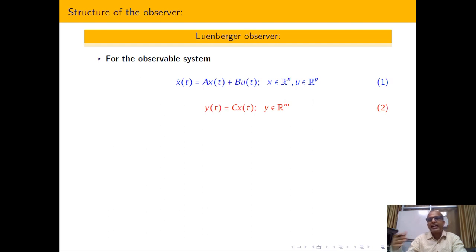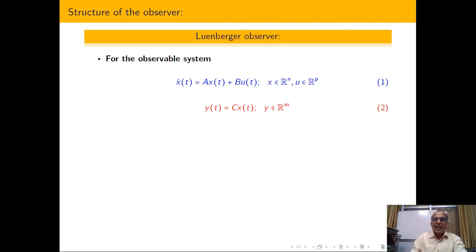Obviously this result extends to linear time varying systems as well as some classes of nonlinear systems, but in today's lecture I am going to focus just on linear time invariant systems. If you understand the result for linear time invariant systems, then in a straightforward way you can extend it to linear time varying systems, and for nonlinear systems after linearization it is possible to design the same class of observer.